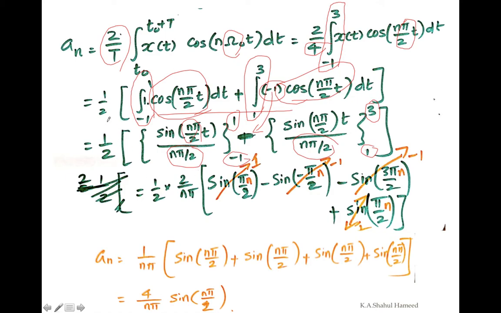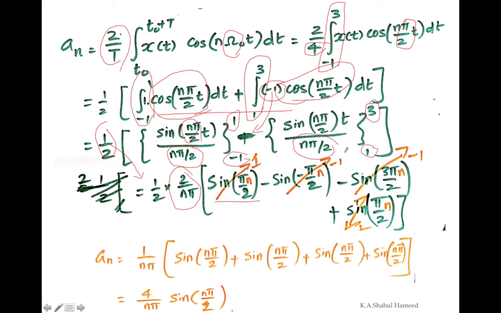So I will get 1 by 2 into, when I take the denominator part outside and flip the denominator and numerator, n pi by 2 will become 2 by n pi. First, when substituting 1 in this equation, I will get sin n pi by 2 minus the lower limit, sin minus n pi by 2.